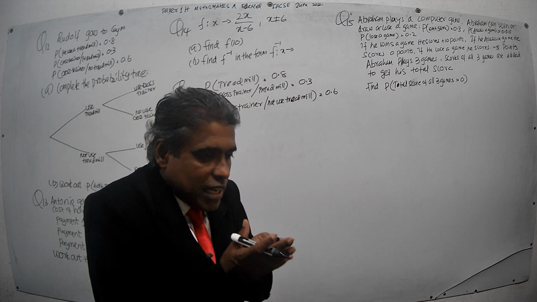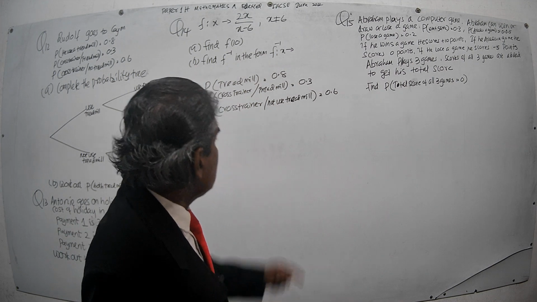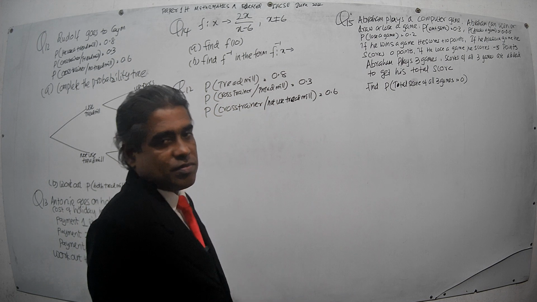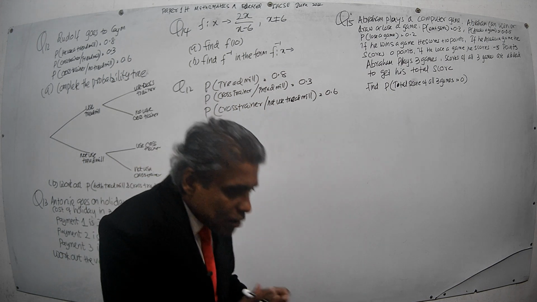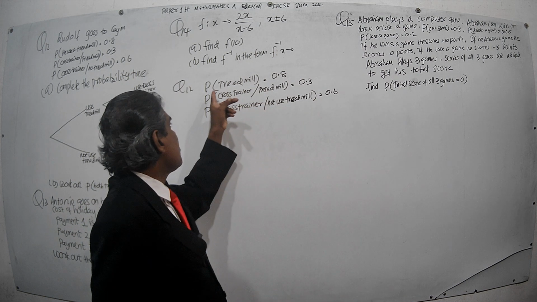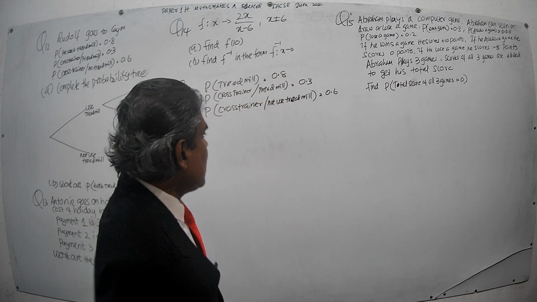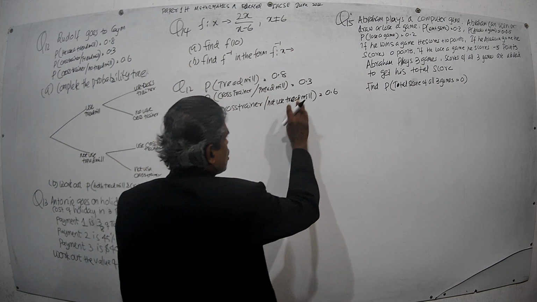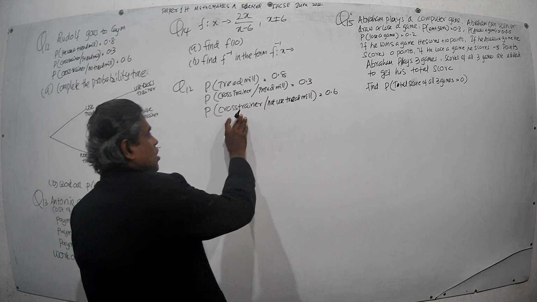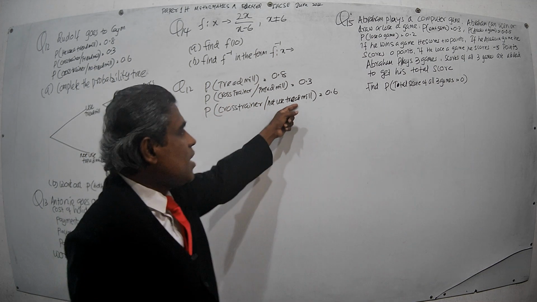He goes to the gymnasium, he does not use the treadmill. Then the probability that he uses the cross trainer is 0.6. But if he uses the treadmill, the probability of using the cross trainer is not this one. That's why I told you, conditional. What is the condition here?